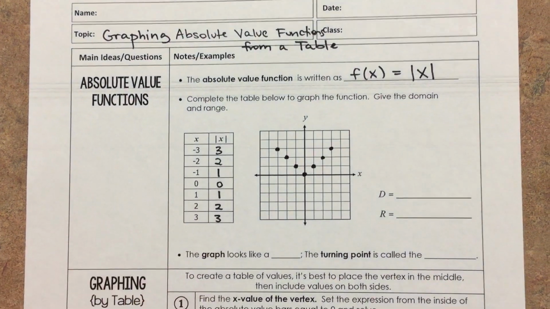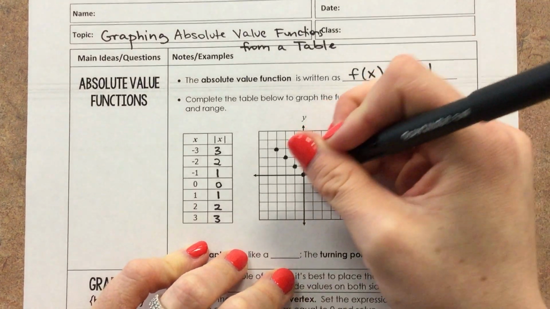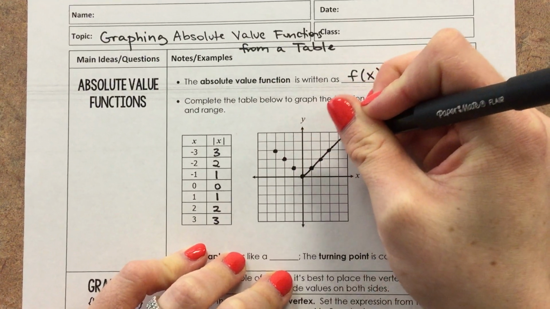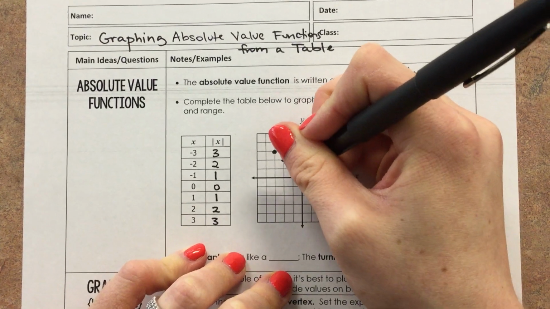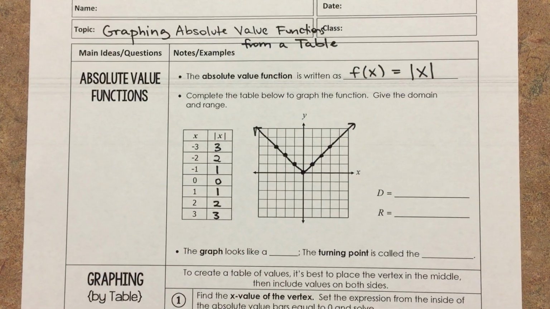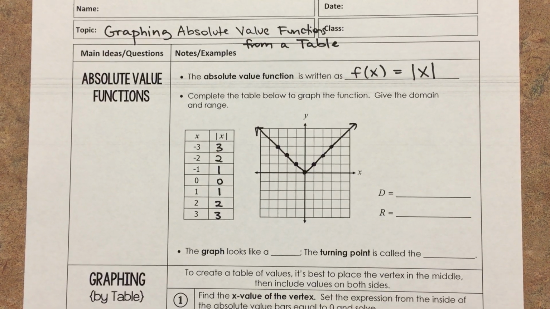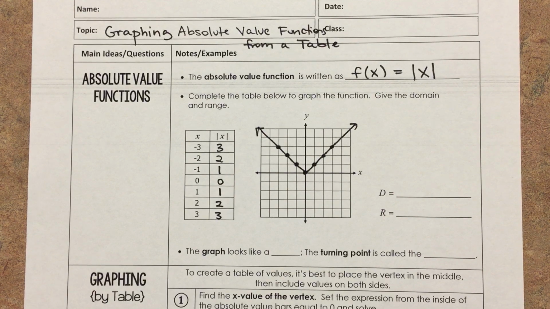So plot those points. You should have this V-shaped curve that looks like this. So we're going to connect the dots. It goes off to the right like that. It would just keep going through the grids. Off to the left like this, right up through that upper corner. So that's the shape of the original absolute value graph. We'll talk about this later in the chapter, but we call that the parent function, kind of the original, before you start moving it or changing it in any way.